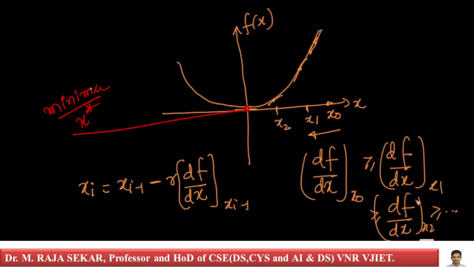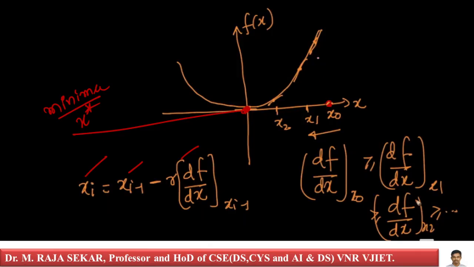At any iteration, xi equals xi minus 1 minus r into df by dx at xi minus 1. Remember, as we are coming closer and closer to x star, my slope is reducing.